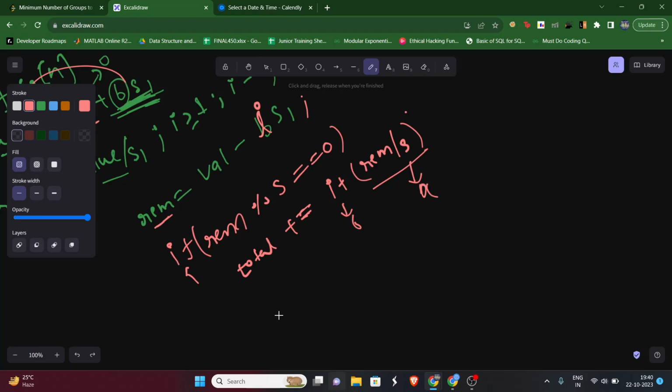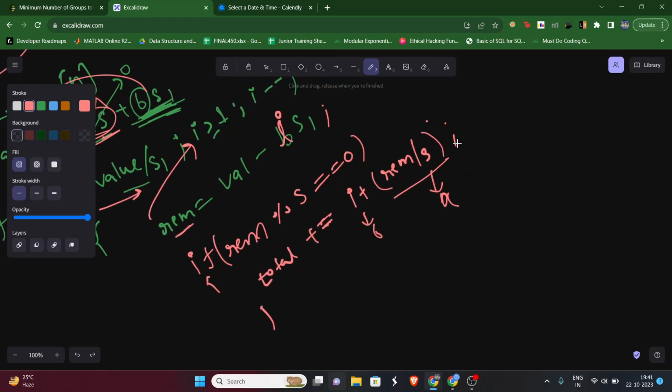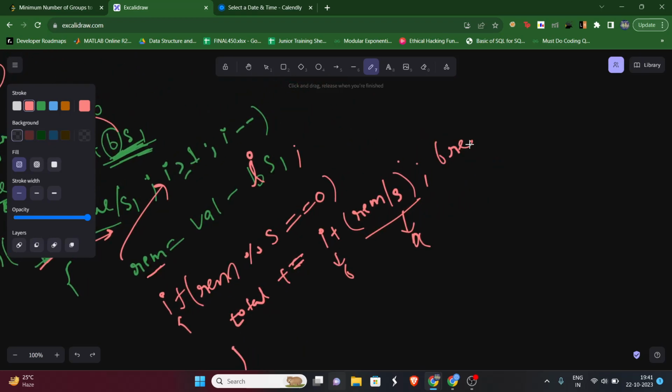If we have this, we can simply break the loop, because we have to take the maximum value of b, and as we keep decreasing i, b will decrease and a will increase, so the overall number of groups will increase. So it's better to break right over here.